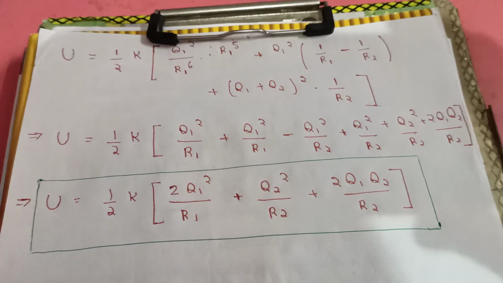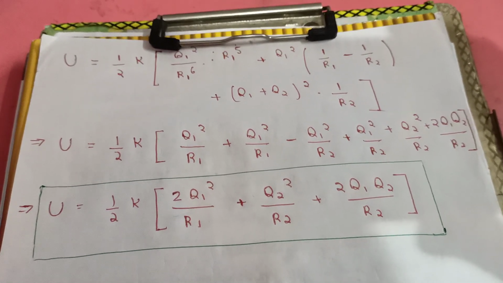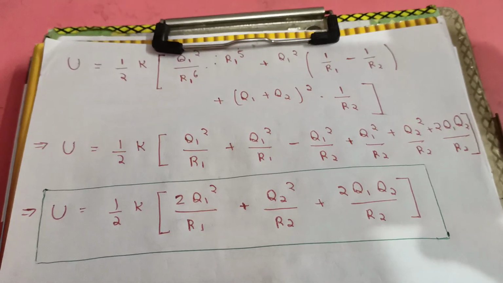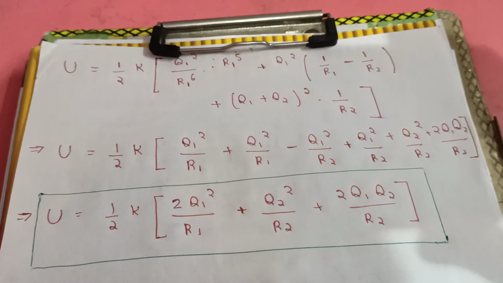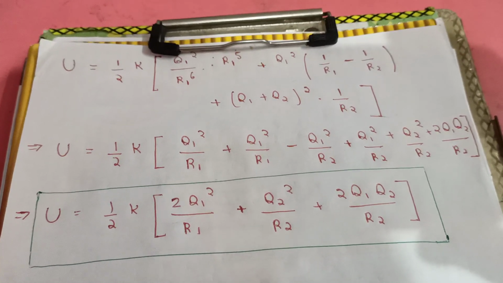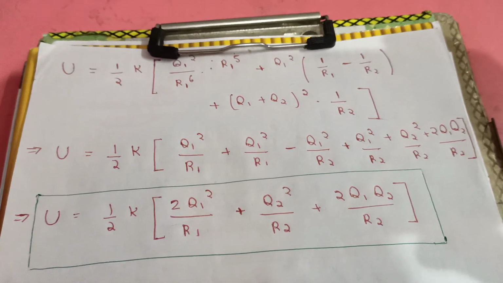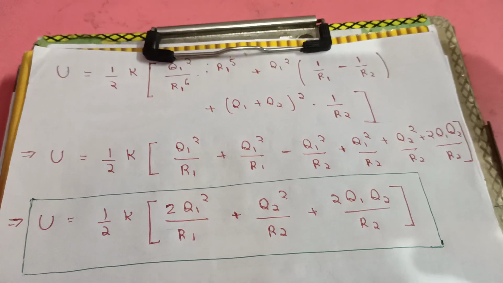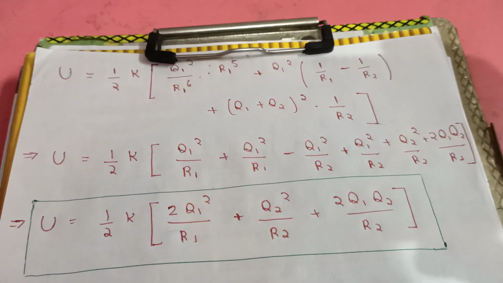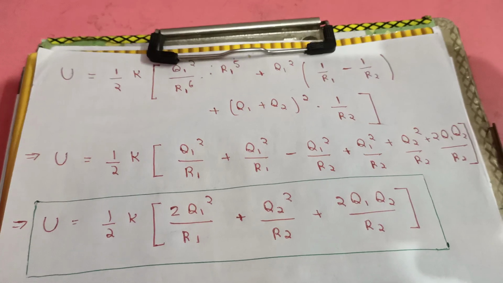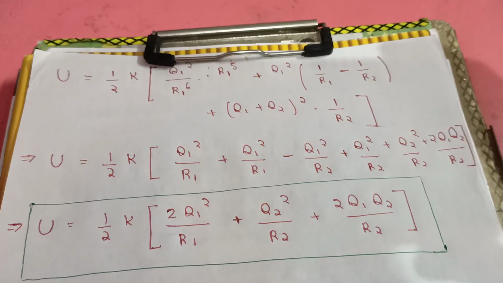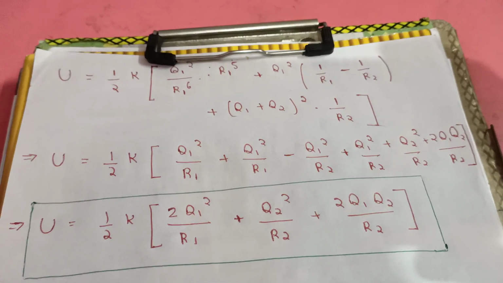If we put the limits properly, we will get the next step: 1 upon 2 k q1 square upon r1 to the power 6 into r1 to the power 5 plus q1 square bracket 1 upon r1 minus 1 upon r2 plus bracket q1 plus q2 whole square into 1 upon r2.